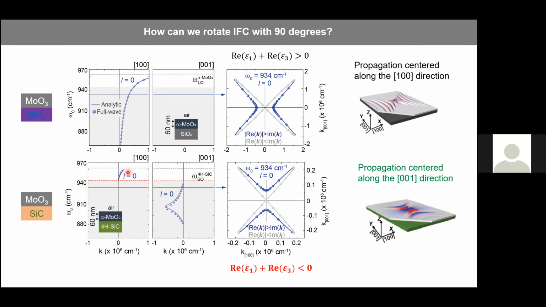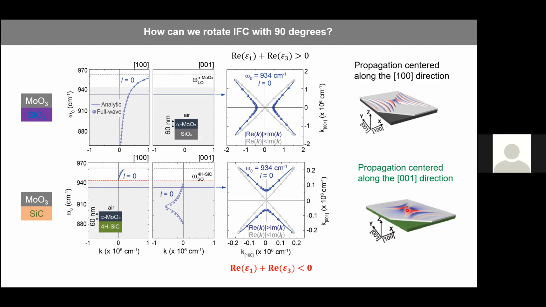But things can be changed if we put the molybdenum trioxide on silicon carbide. Here, we find something quite interesting. Below the frequency of the surface optical phonon of the silicon carbide, we can move the dispersion of the phonon polaritons from the 100 direction to the 001 direction. That means we can completely rotate the isofrequency curve by 90 degrees here.